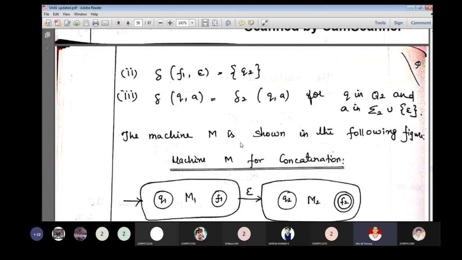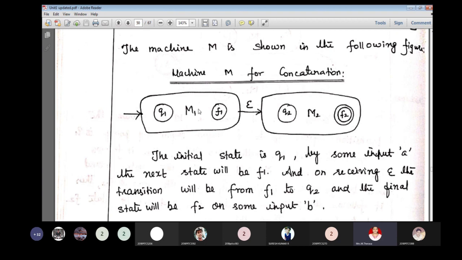So we'll see the new machine that we are going to construct for this concatenation operation. We are taking two machines; Q1 and F1 are the initial and final states of M1. M1 is going to accept the regular language L of R1. M2 is a finite automaton which is going to accept the regular language L of R2. Now we are going to build L of R1 dot L of R2.